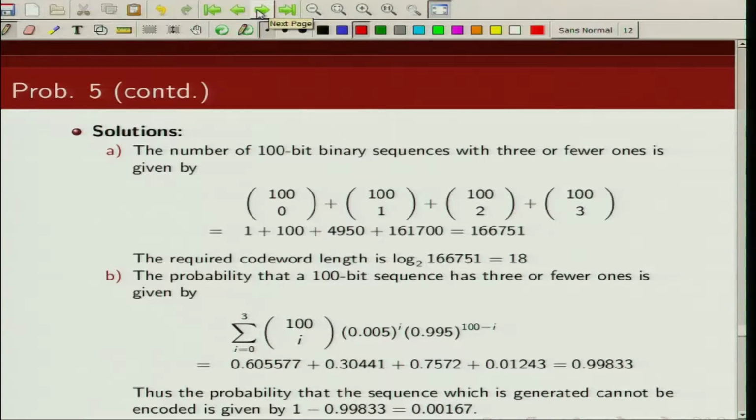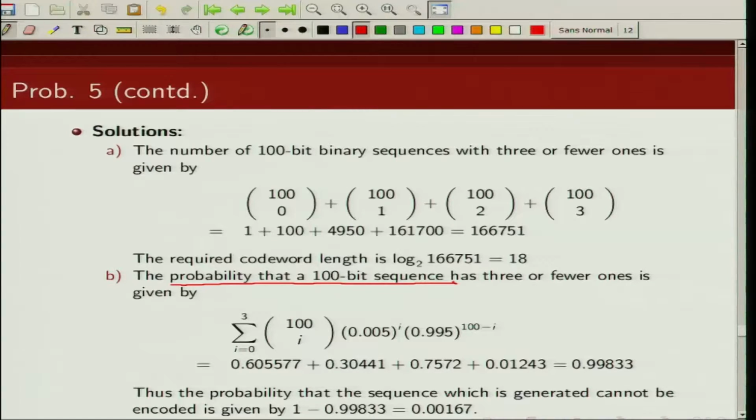Now, when are we going to assign a code word to a sequence of 100 bits? Whenever we get a sequence which has either 0 ones, 1 one, 2 ones or 3 ones. So let us compute the probability that the 100-bit sequence has 3 or fewer ones. This is the probability of occurrence of 1, this is the probability of occurrence of 0.